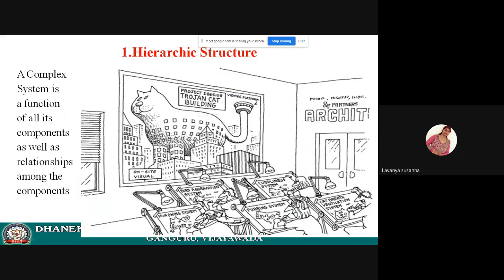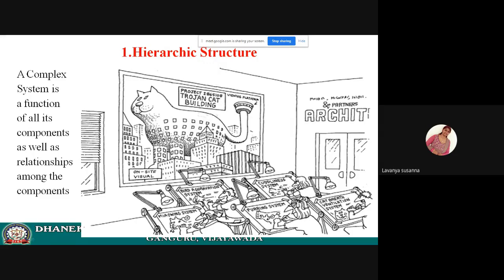First one is hierarchic structure. Every complex system will have hierarchic structure. Already we have discussed examples of complex systems from all disciplines, not only from computer science. In the first class, we discussed examples of complex system.